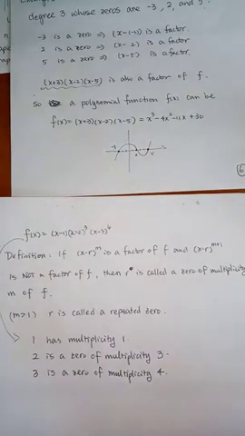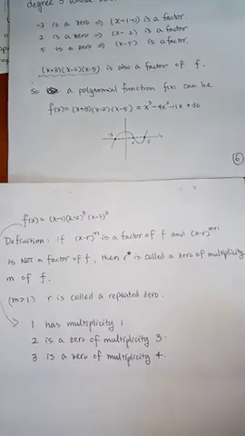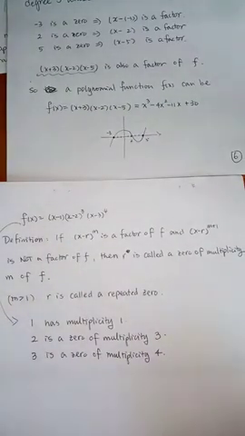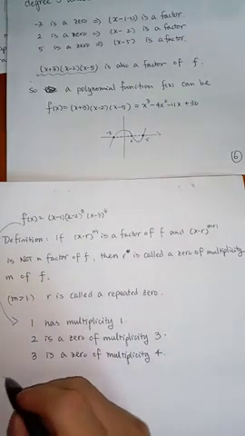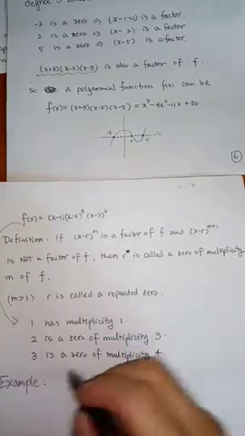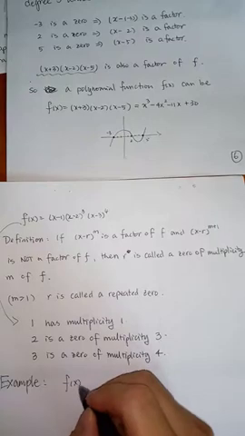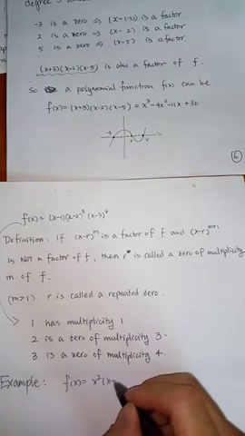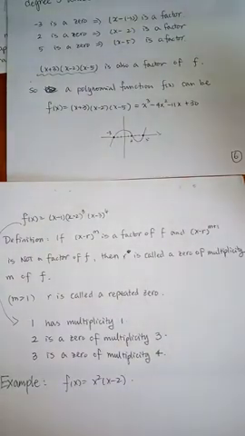Now let's try to graph the polynomial using the x-intercepts, or using the zeros. Assume we have x squared times (x minus 2).